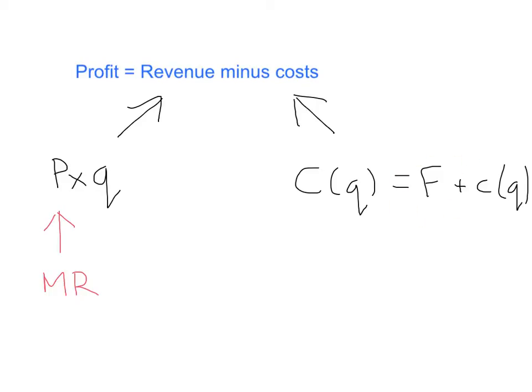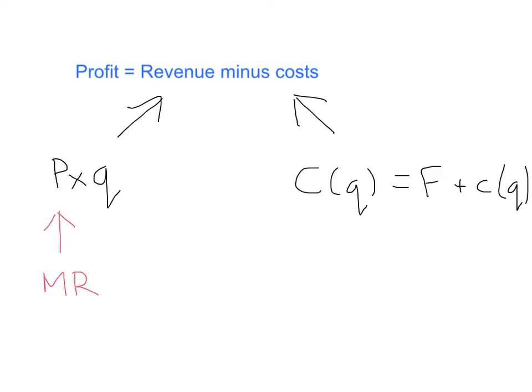There's nothing you can do about them. It's going to be the variable costs that you can change in the short run. So our marginal cost is simply going to come from our variable costs. That's simply going to tell us how much extra it costs the business to produce one more unit.